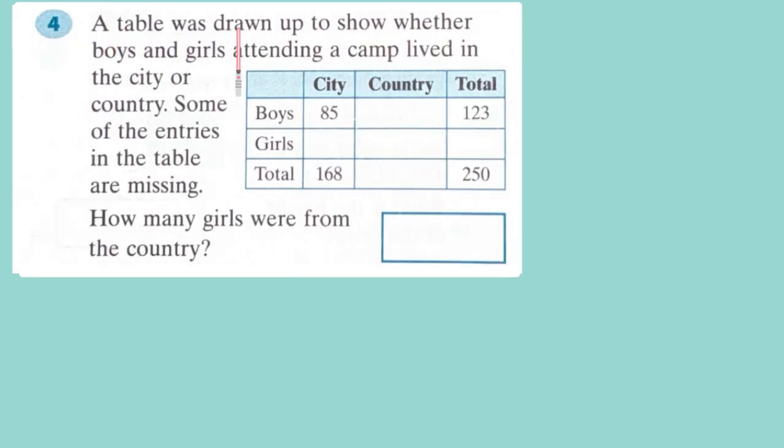A table was drawn up to show whether boys and girls attending a camp lived in the city or country. Some of the entries in the table are missing, but the question is how many girls were from the country. We need to fill this cell. This is the one we're interested in, the girls in the country.